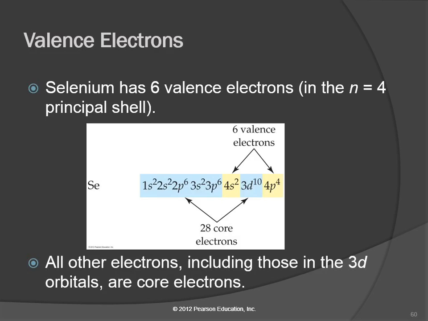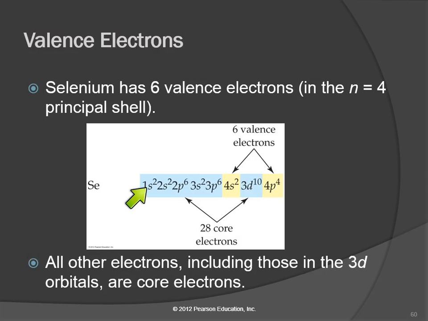Okay, let's look at selenium. So selenium is bigger. Selenium does get up into the part of the hotel where the ordering is crazy. So we're not doing the electron configuration, we're just looking at it. Here's the electron configuration for selenium. Valence electrons.